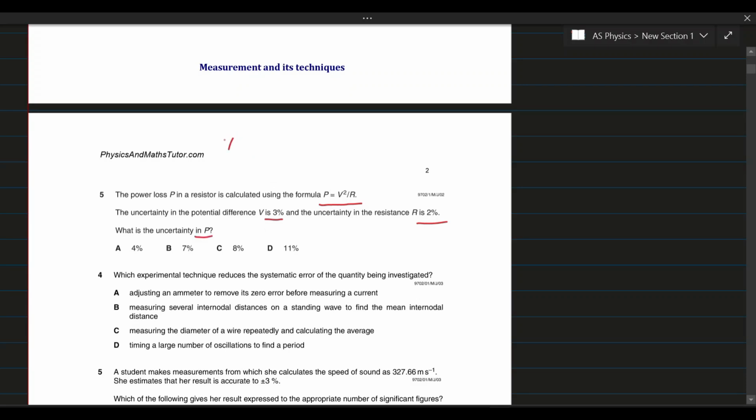We know how to find the percentage uncertainty of P. We have V square, so we can use the power formula: 2 would come here, multiplied by the percentage uncertainty of V, plus the percentage uncertainty of R. I have taught this lecture in my previous videos, so do check them out if you have any confusion. So it would be 2 times 3 plus 2, so 8%. These questions are quite easy.